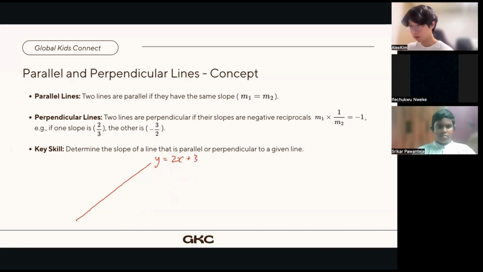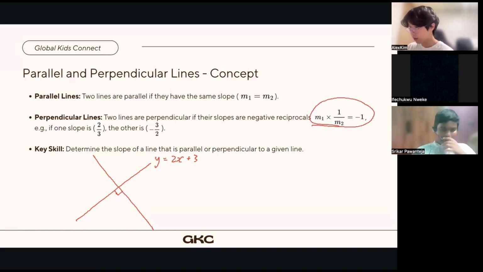If they are perpendicular, it means the two lines have slopes that are opposite and they form a 90 degree angle between them. So how do we know if two slopes are perpendicular? We use the negative reciprocal rule, which is stated here.